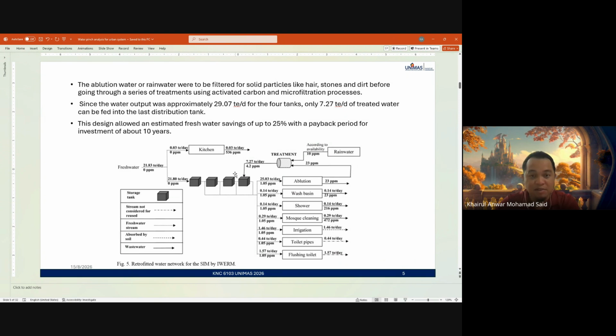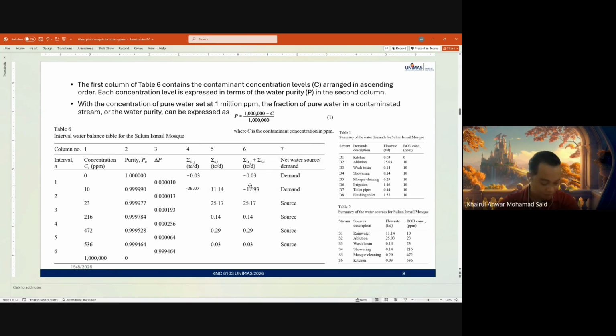Then after it goes into the storage tank, although it's fresh water stored in a storage tank, based on the standard from WCA, based on the paper, water that is transferred to a storage is considered non-potable water with a minimum BOD level of 10 ppm.